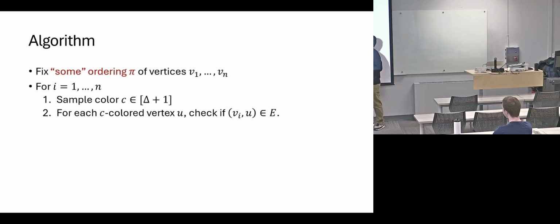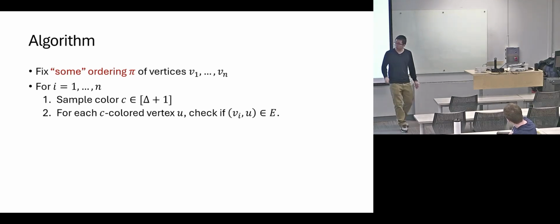Whenever you color some nodes, you maintain a set of vertices of each color. So now you just check for each vertex with color C whether v_i is adjacent to that node u.